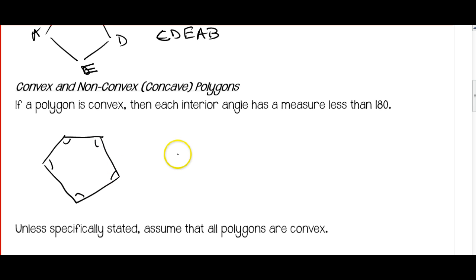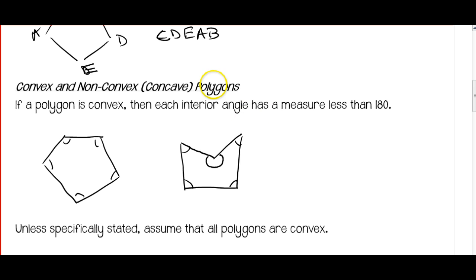If we look at a non-convex polygon, something like this, just pretend that my segments are straight here. So again, we have five sides. This angle is less than 180, this angle is, this angle is, this angle is. But you can see this angle here is more than 180.